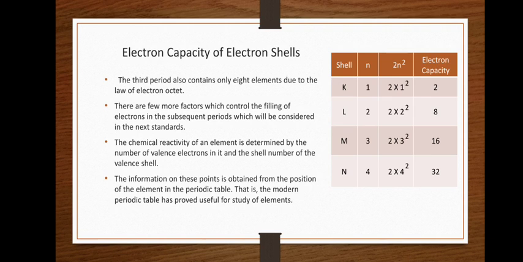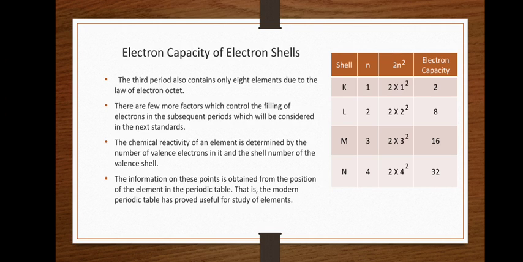Okay. There are few more factors which control the filling of electrons in the subsequent periods, which will be considered in the higher standards. The chemical reactivity of an element is determined by the number of valence electrons in it and the shell number of the valence shell.